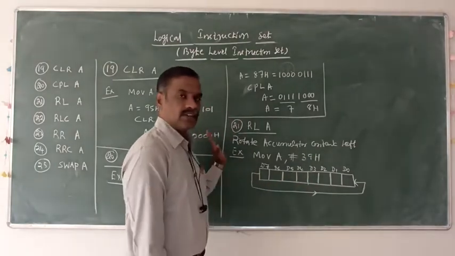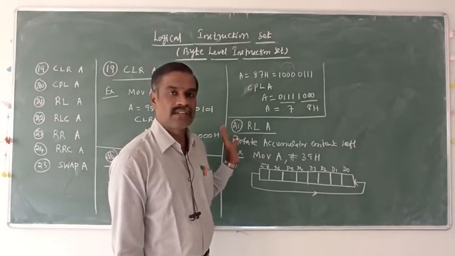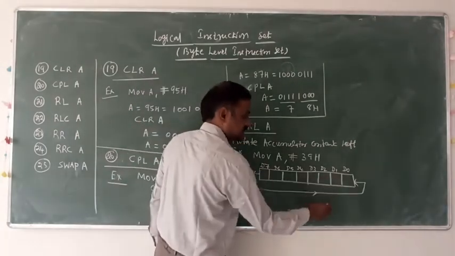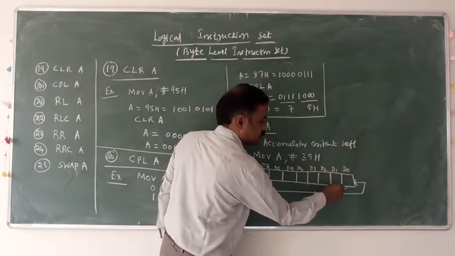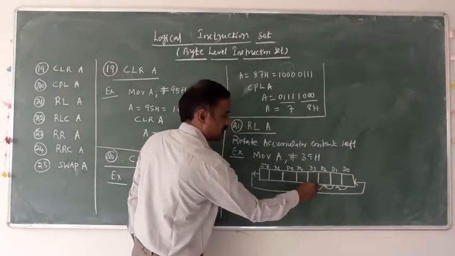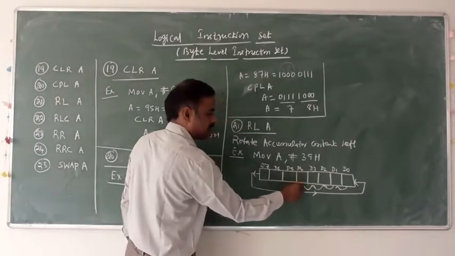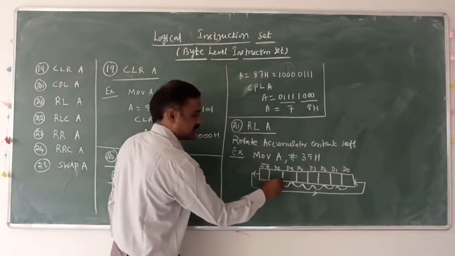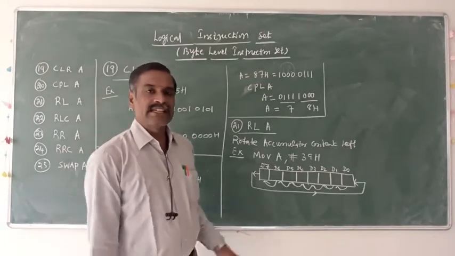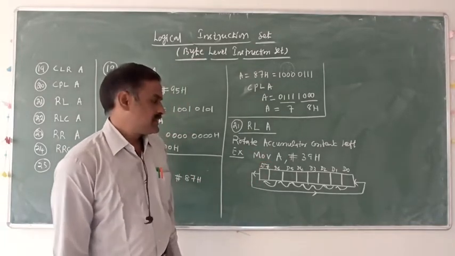Left means it will move the data a single bit position towards the left side. Each bit Dn moves to Dn plus 1, up to D6 to D7.